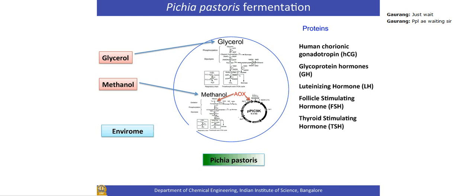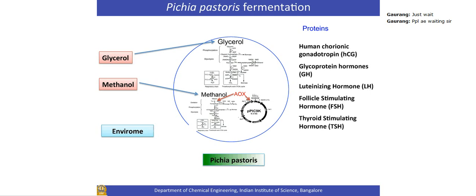On the other hand, if I provide the entire reactor with a lot of methanol, cells use this methanol very inefficiently. So I will have very few cells, and very few cells will make very little protein. Therefore, filling up the reactor either with glycerol alone or with methanol alone is not productive. It will not give me a lot of protein.